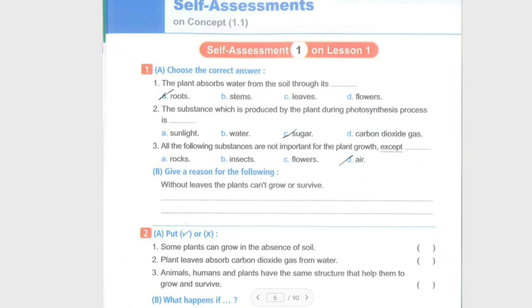Number B, give a reason for the following. Without leaves the plant cannot grow or survive.